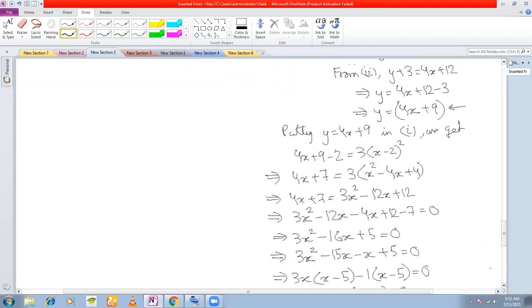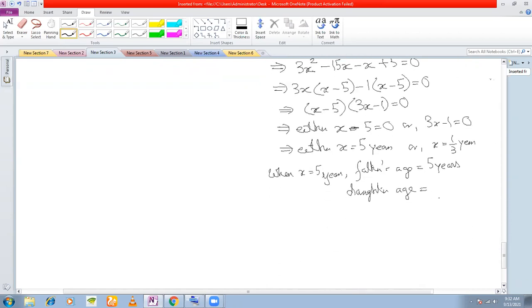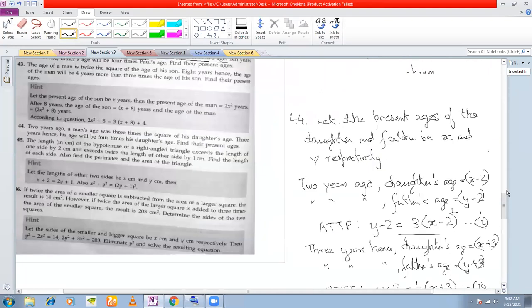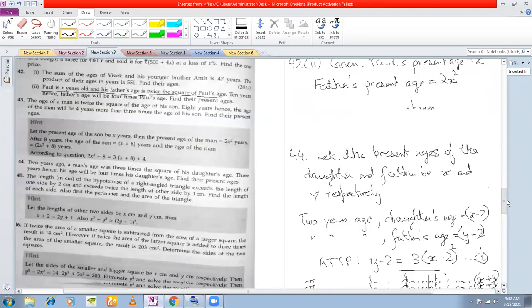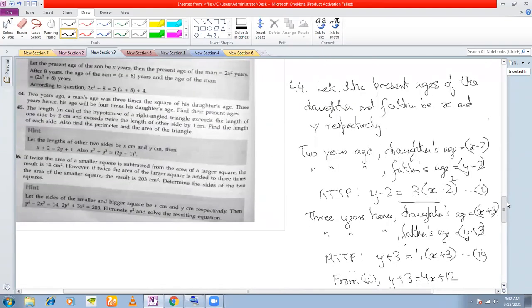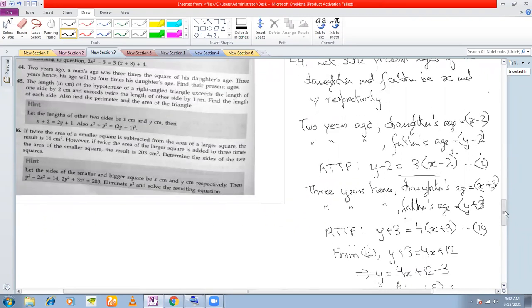Daughter's age was y, right? What is the daughter's age here? y is equal to 4x plus 9. This comes to be greater. Father's age cannot be 5 years.